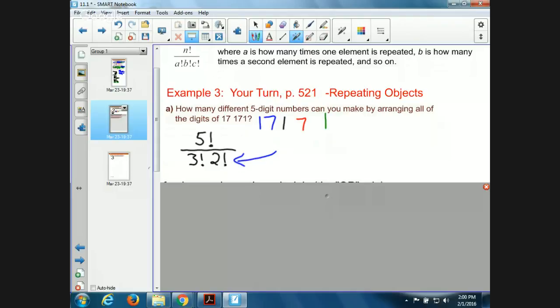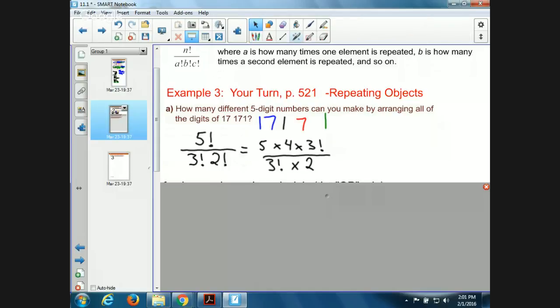You could do this by first principles without a calculator, right? Because you know that this is 5 times 4 times 3 times 2 times 1, right? So 5 times 4 times 3 factorial divided by 3 factorial times, well, 2 factorial is 2 times 1, so 2. Let's see here.